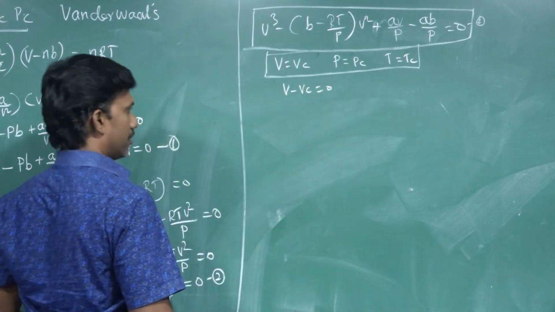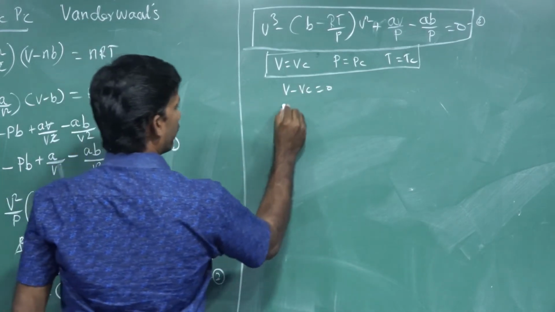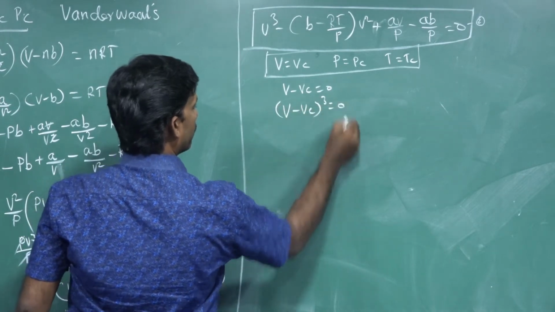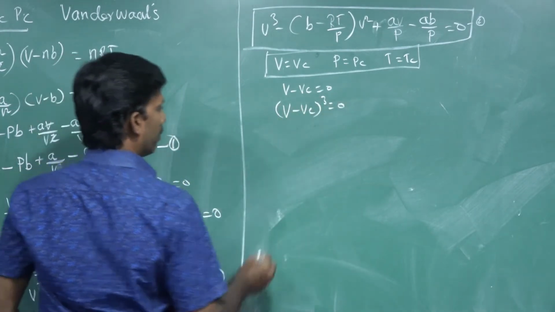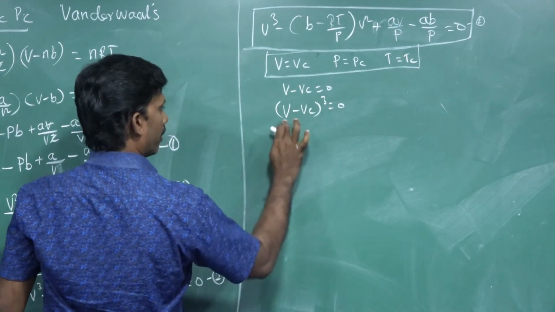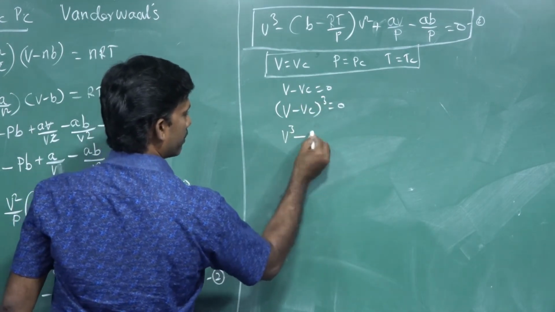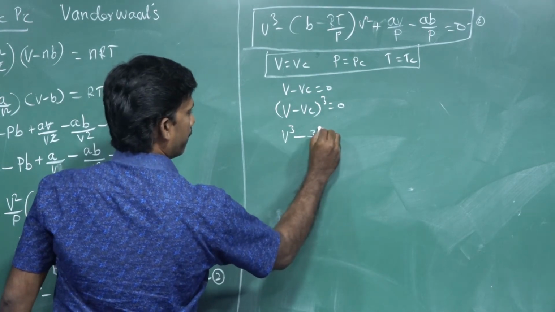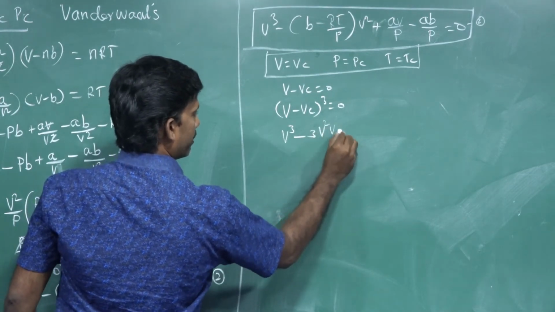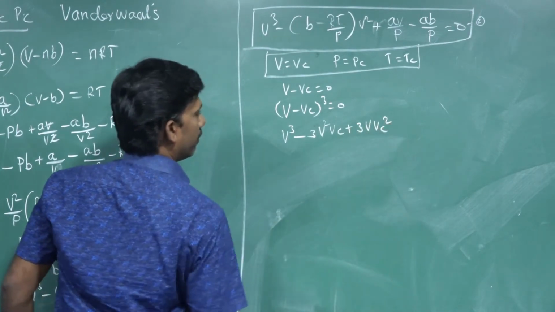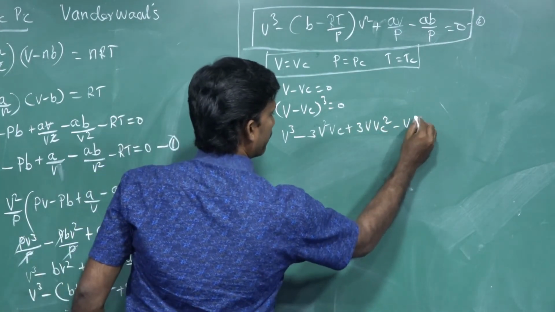Then the cubic equation can be written as (V - Vc)³ equal to 0. Using the (a - b) whole cube formula: V³ - 3V²Vc + 3VVc² - Vc³.